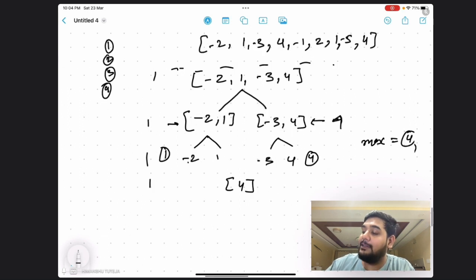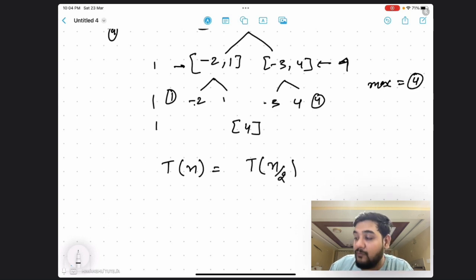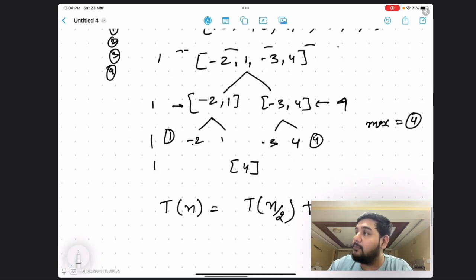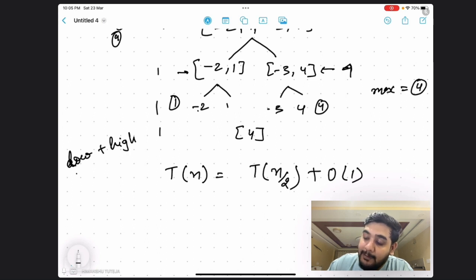Okay, now let's see how you will find the complexity of it. So now T of n becomes T of n by 2. Why? Because we are dividing the sub array into two parts, plus the dividing itself is O of 1, because we are not doing anything, we are just computing low plus high divided by 2.